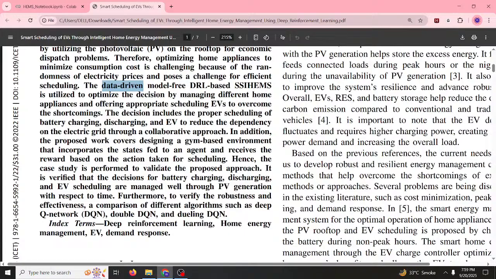We are using a model free deep reinforcement learning approach, which means we are not given any conditional model of the agent or the home where we have to take the decisions. So it is model free, and we have to learn through a random distribution to reach an optimal policy.